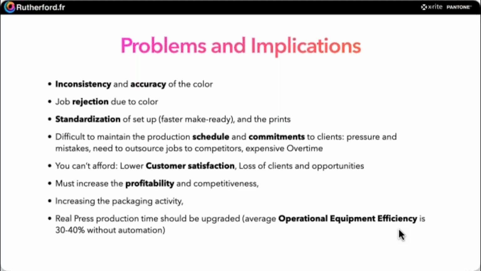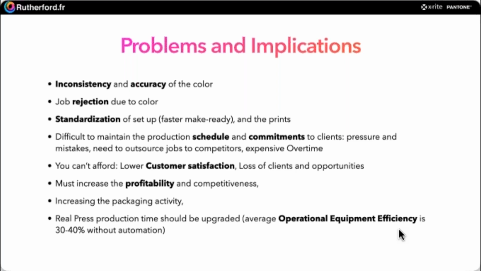We also have some standardization issues. It means that you've got different models of press, different systems of press, so it's very, very difficult to achieve a good standardization of color. If you're printing on one press, the result is going to be drastically different on another press. So you cannot standardize your prints, even if you're using the same brand of press, because the system embedded on your press may react differently.